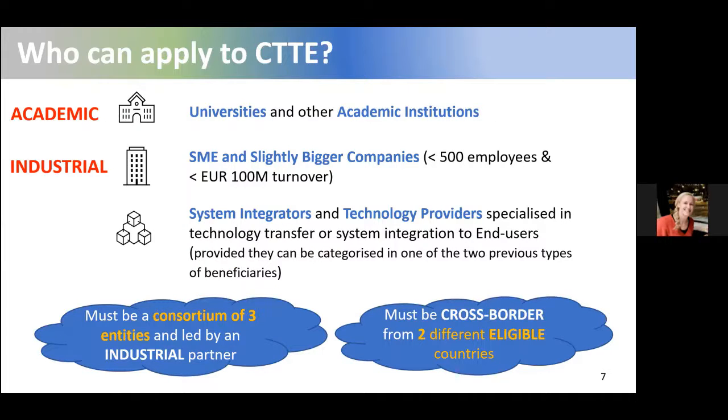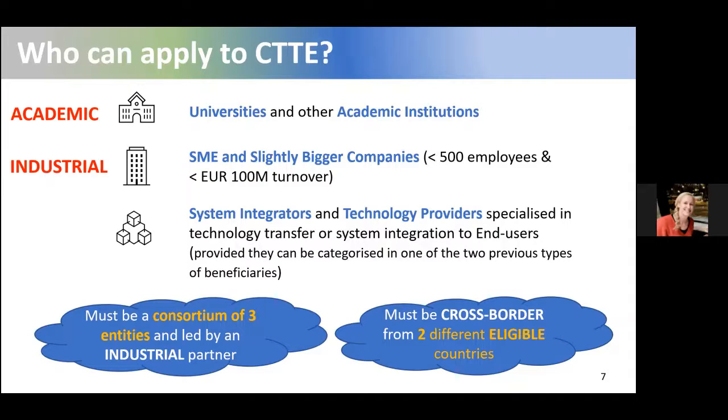So who can apply to the CTTE? The consortium can have an academic partner, so it can be a university or any academic institution, an industrial partner, which is a small to medium enterprise, or slightly bigger company, which means any company with less than 500 employees and less than 100 billion turnover. System integrators and technology providers can be one of the partners as long as they are an industrial partner or academic.